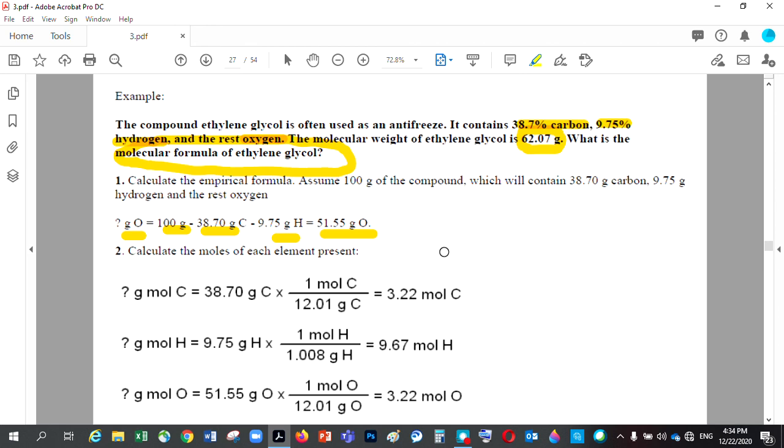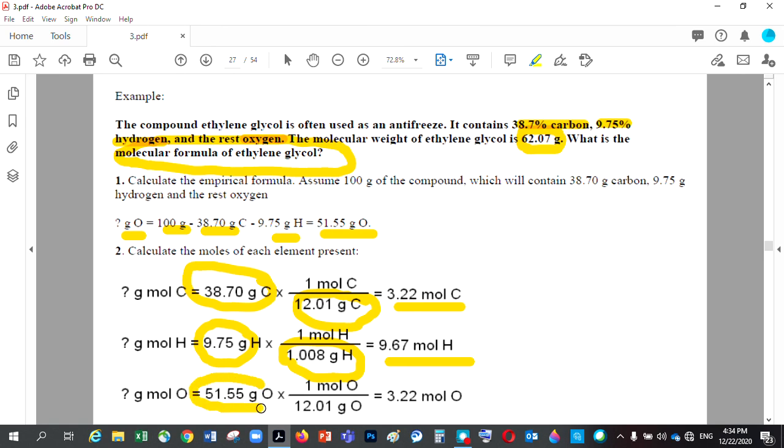Now we convert those grams into moles. You divide by the atomic mass of each element. So this is the amount of carbon divided by its atomic mass, and you get this number of moles. This is the grams of hydrogen divided by its atomic mass, and you get this amount of hydrogen in moles.